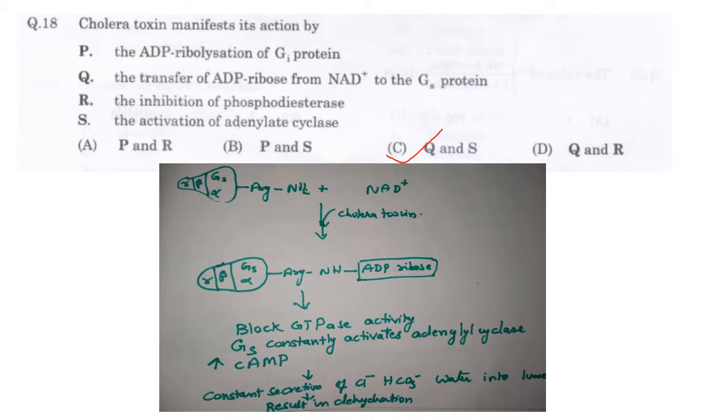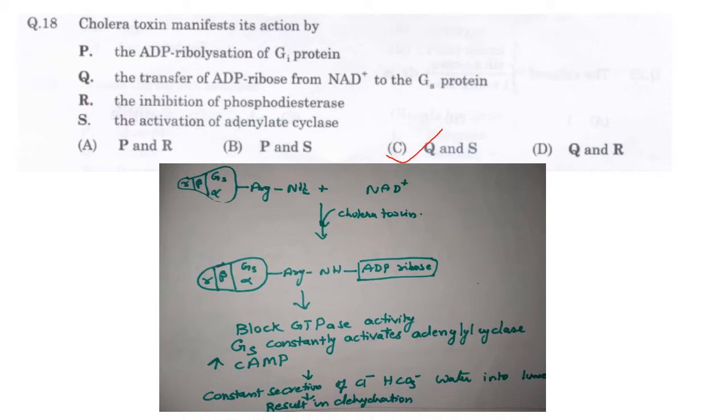So what does cholera toxin do is, it transfers the ADP ribose from NAD plus to the Gs alpha subunit, the alpha subunit of the Gs protein.